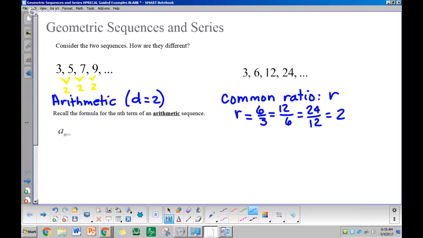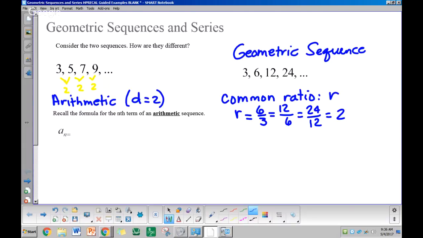You have to test them all, because if there's one that's not, it is not what we call geometric. So a geometric sequence has a common ratio instead of a common difference.